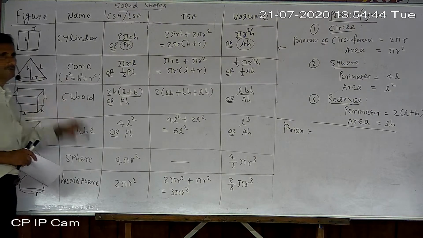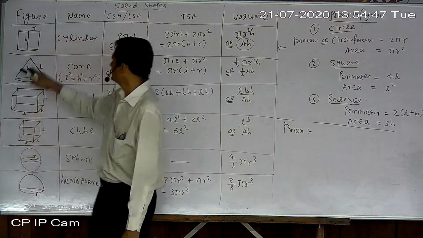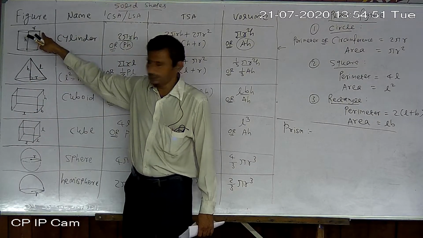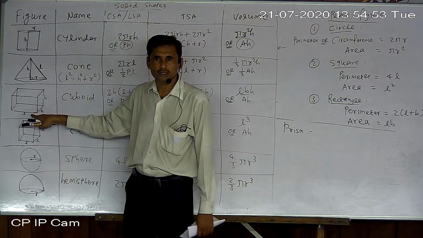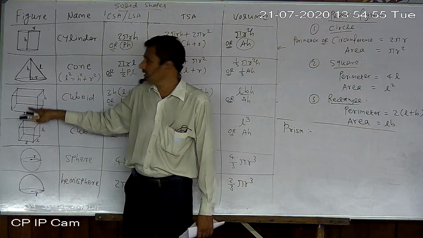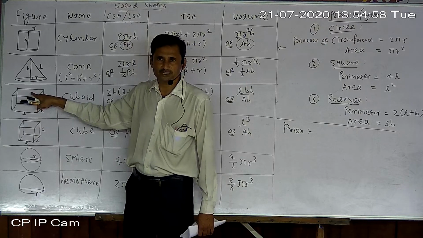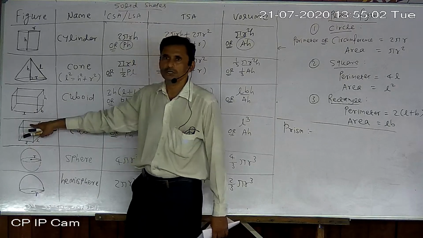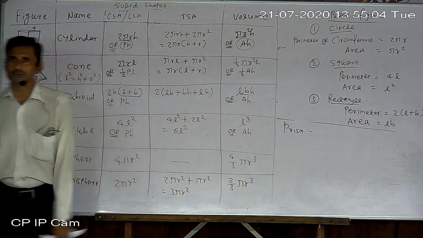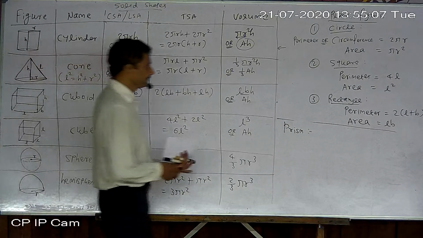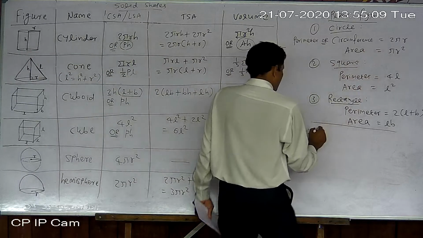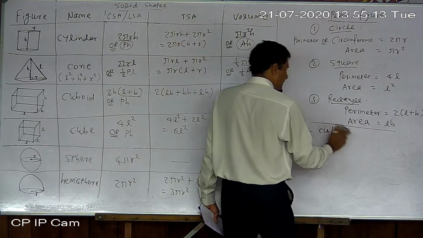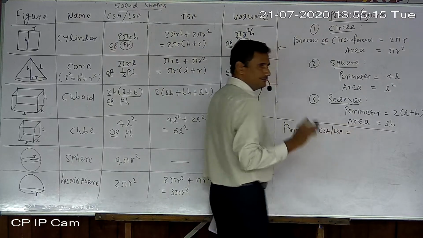They are prisms. Why? The base of the cylinder is a circle, and the upper surface, the top surface, is also a circle. For the cuboid, the base is a rectangle, and the upper surface, the top surface, is also a rectangle. For the cube, base and top are both squares. So they are called prisms. In a prism, generally, curved surface area or lateral surface area, what is the difference between them?